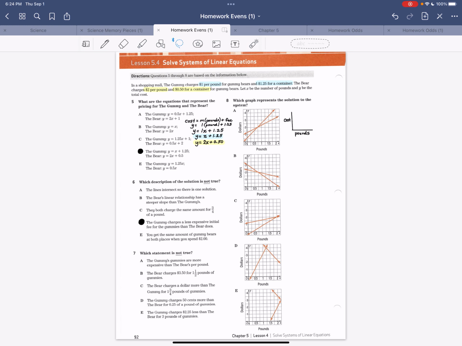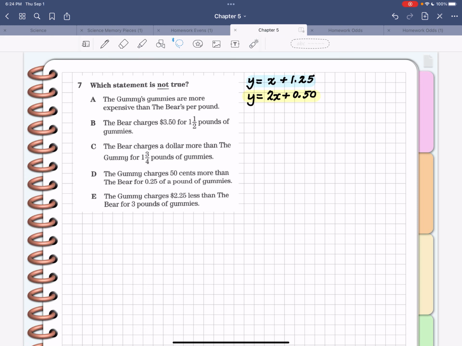Give me 1 second. The gummy was first. Okay, so this is the gummy. And I think that's why they chose these names, because they're in order: gummy, bear. So you can sort of keep them straight. The gummies are more expensive than the bears per pound.